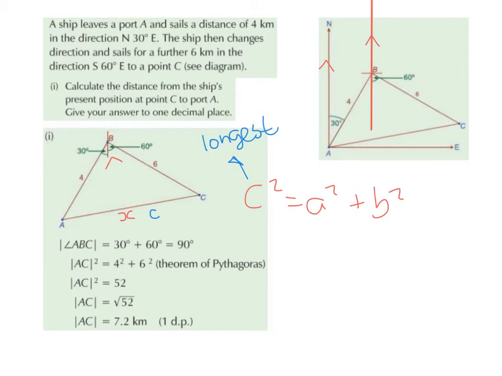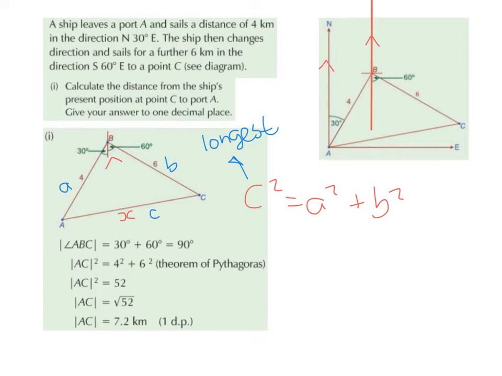And then it doesn't matter which way we label the 4 and the 6, but I'm going to label the 4 as a and the 6 as b. So substituting into my formula, I have c squared, which is going to be x squared, or in this case AC squared, equals a squared, which is 4, so 4 squared, plus b squared, which is 6, so plus 6 squared.